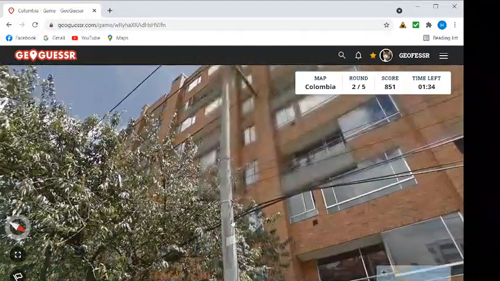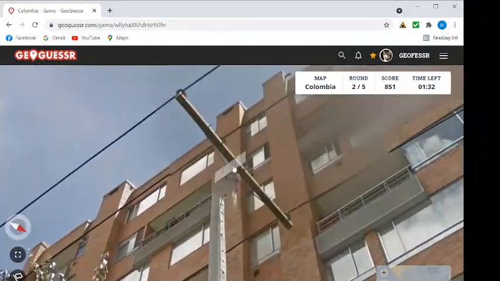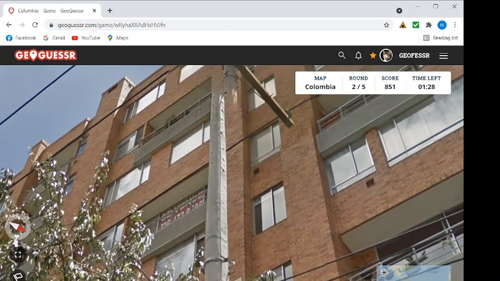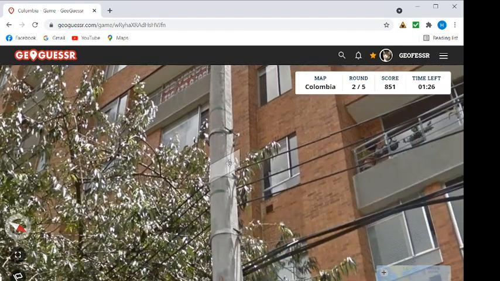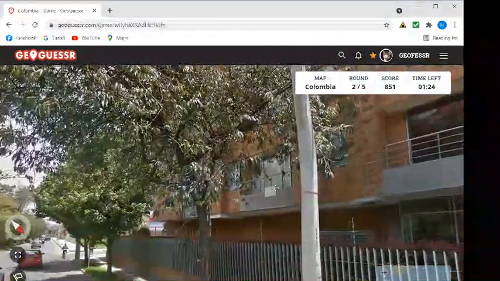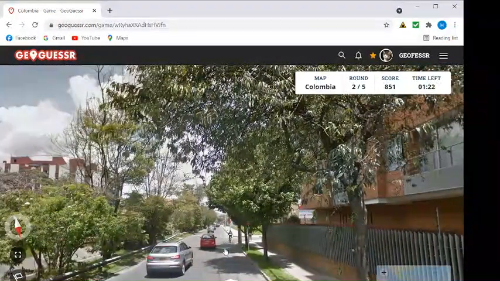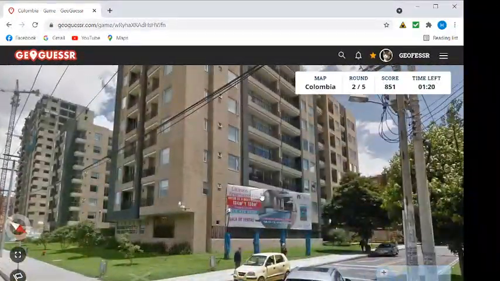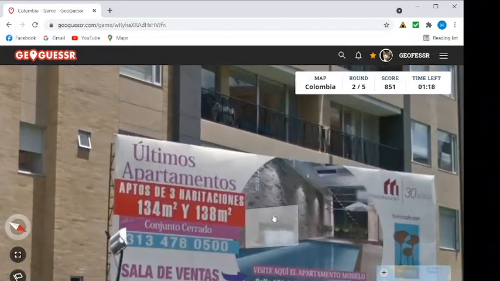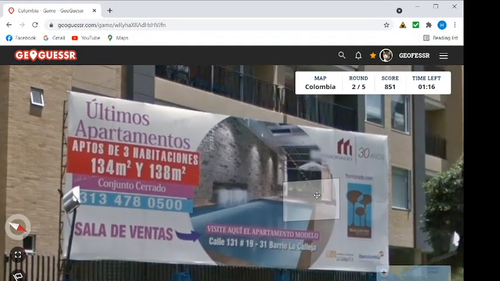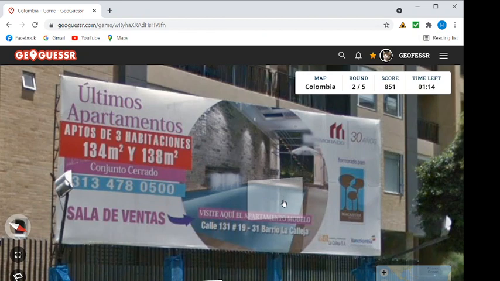Here this looks more like the Brazilian pole, but it's not the Brazilian pole, right? For one thing, in North America there's a lot of wood utility poles, and I think that in a tropical environment there's more of a tendency toward concrete or steel because of the termites.